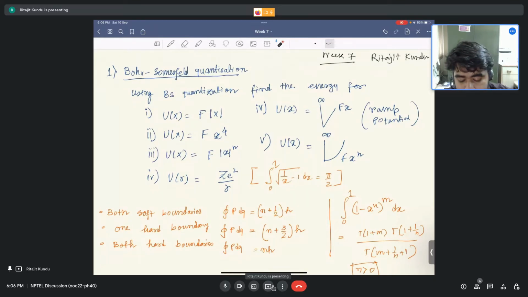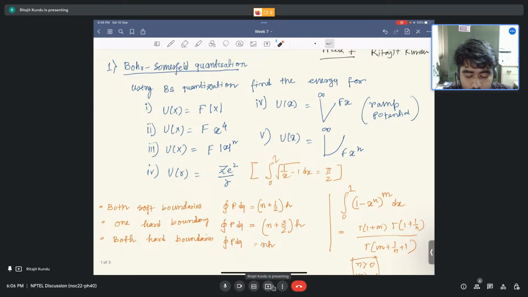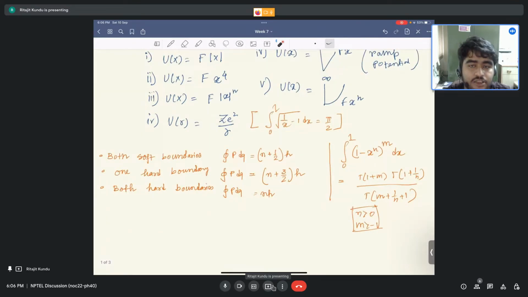So you are given some potential. Let's start with this first one, where you are asked to calculate the energy. One of the main results of WKB is that if we calculate this kind of quantity, it is quantized. This was proposed many years ago, before the WKB approximation.